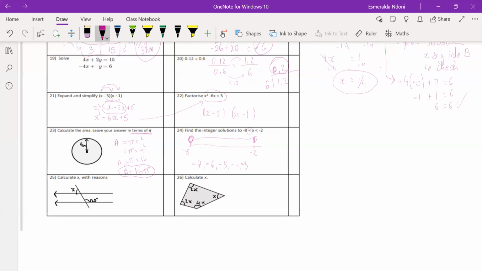Question 25. Calculate x with reasons. Okay, we have angles and parallel lines. So we need to look for Z or F angles. At the same time, we have the C ones. So I get given 120. So I need to work with what I get given. I'm going to see the 120, think of the F like that.